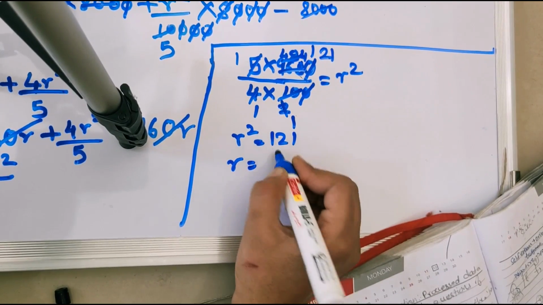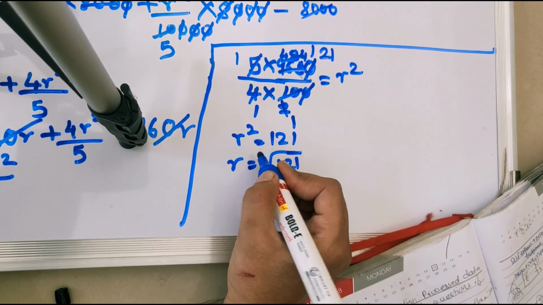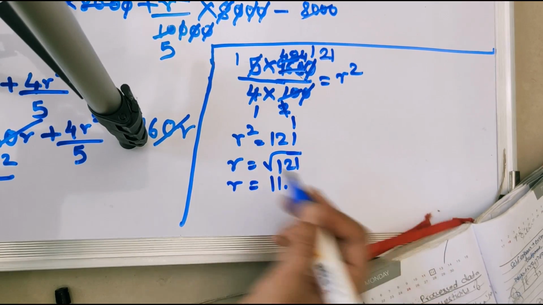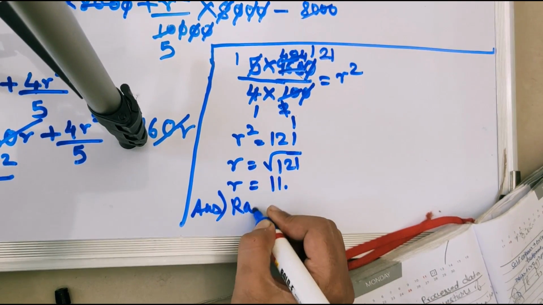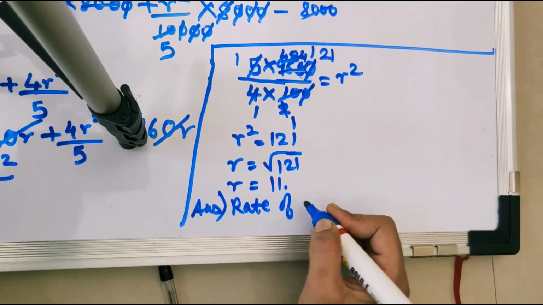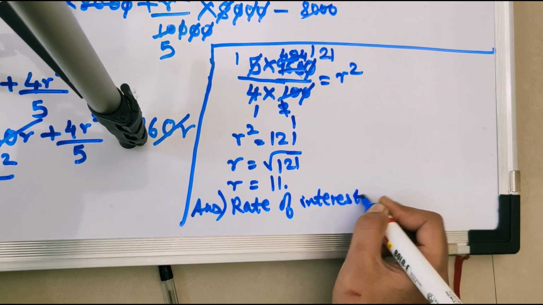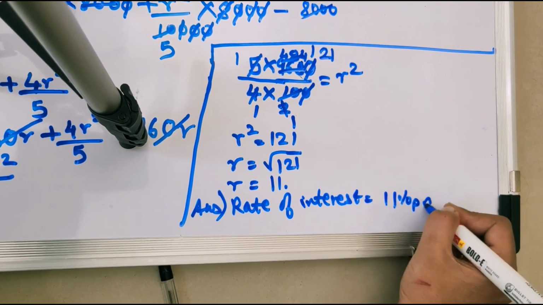R is equal to the square root of 121, that is 11. So the answer will be: the rate of interest is equal to 11% per annum.